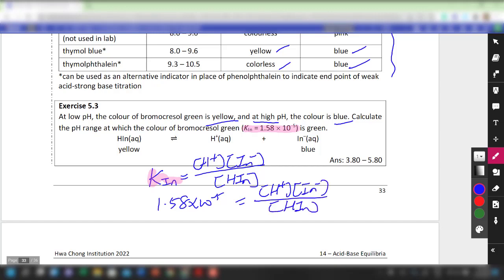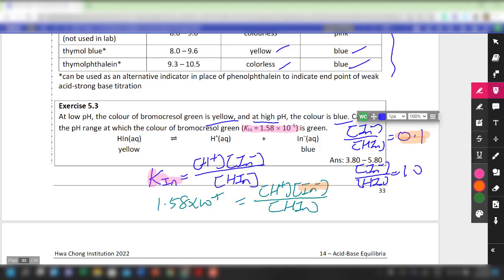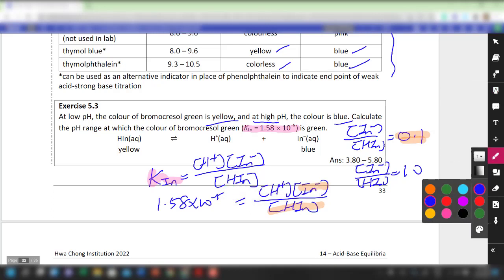We do understand that the ratio of In- to HIn has two extreme ranges. One of them is 0.1, and the other extreme end is 10. So we just substitute this in, and then we can calculate the first pH.